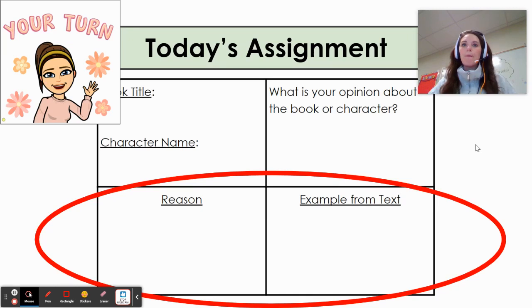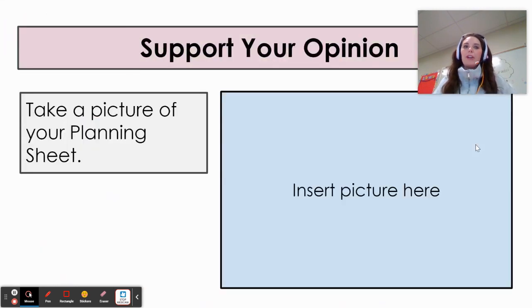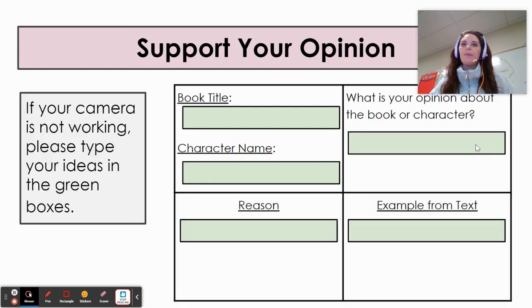After you have done that, you can take a picture of your planning sheet and put it in the blue box. If your camera on your Chromebook is not working, you can type your responses into the green boxes on the last slide.